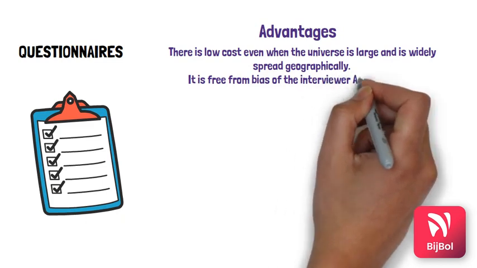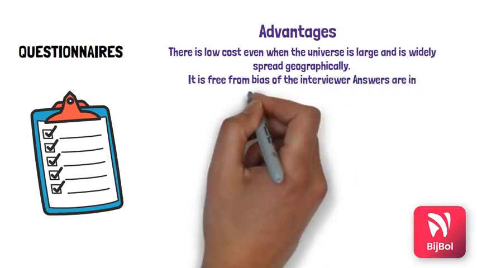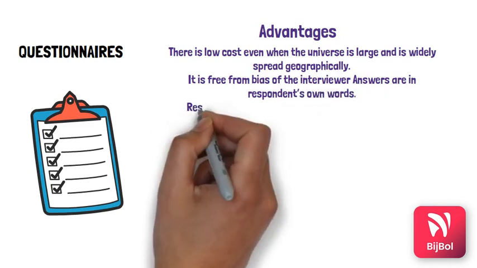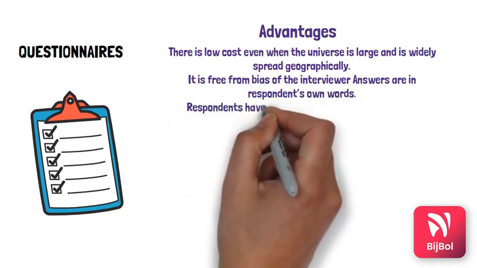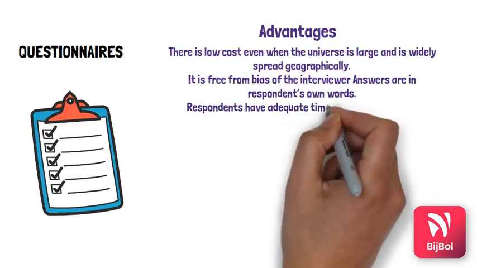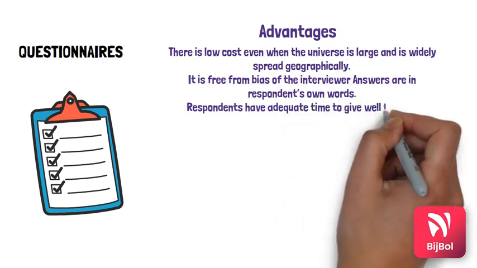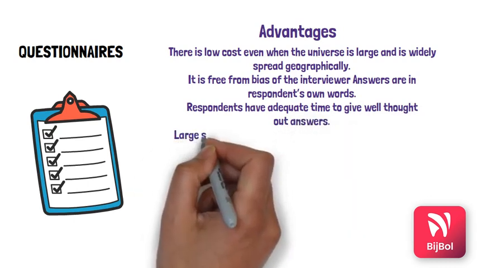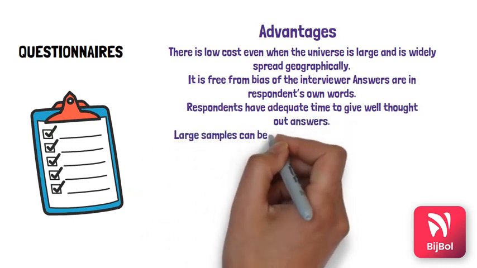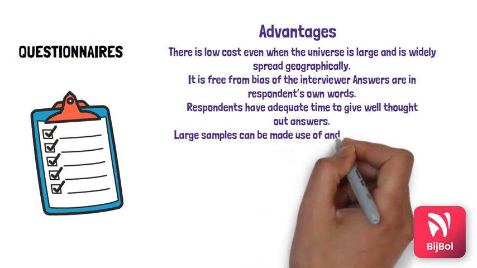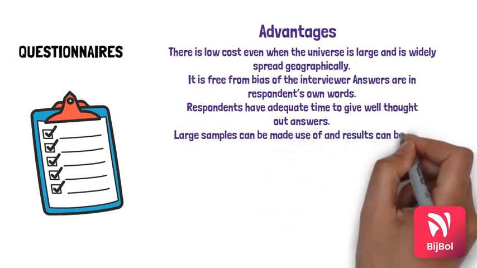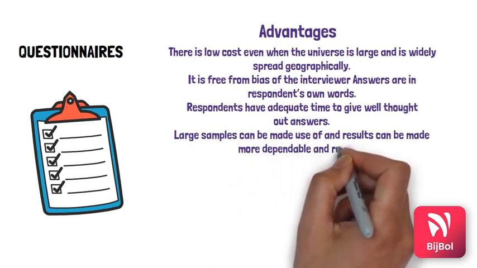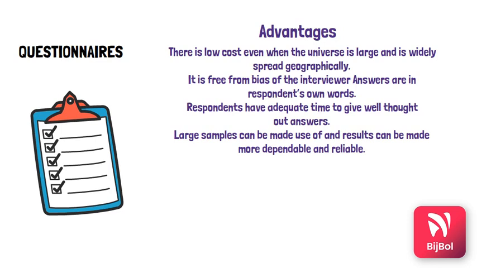The respondent is free to give the answer because he is not under the observance of the interviewer, and respondents have adequate time to give well thought out answers, because they can comfortably and relaxedly sit and give the answers for the questions. Large samples can be made use of, and results can be made more dependable and reliable, because this is only questionnaires. You can take a huge number of people under this category.